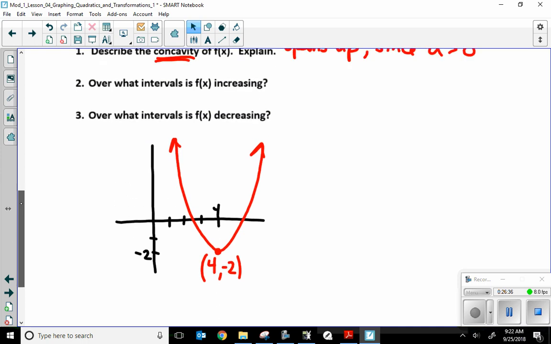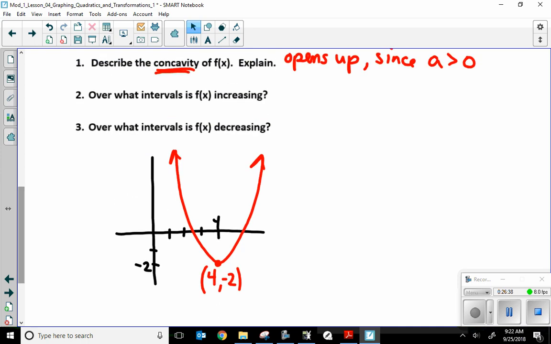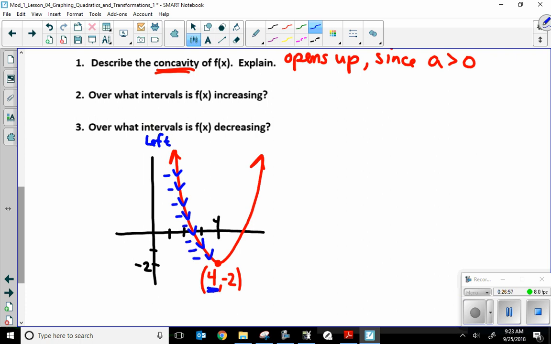Now, increasing or decreasing. So, is y growing or shrinking as I go from left to right? So, I'm going to start on the far left side of this graph. And notice my y value is going down. That means my y value is decreasing until it hits 4 on the x.